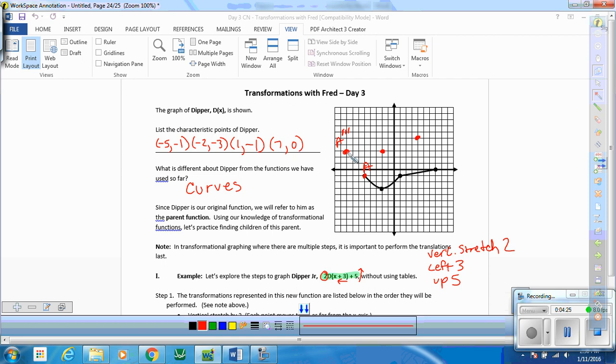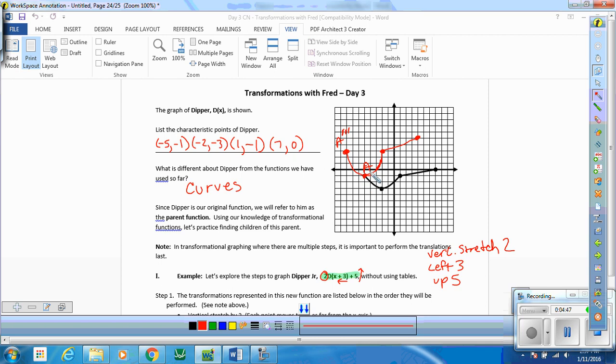So we said that between these 2 points it was a straight line, so I've got a straight line there, but we want this circular bowl shape here, so we're going to make sure that we get that little bowl shape going on there, and then that's going to give us our changed shape.